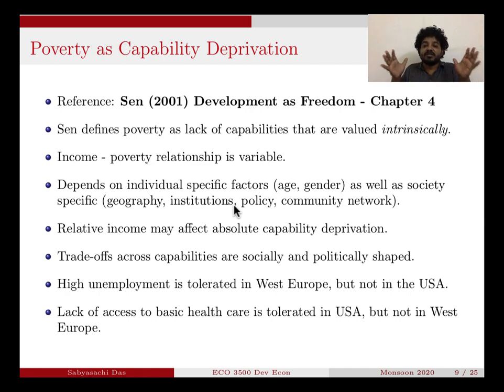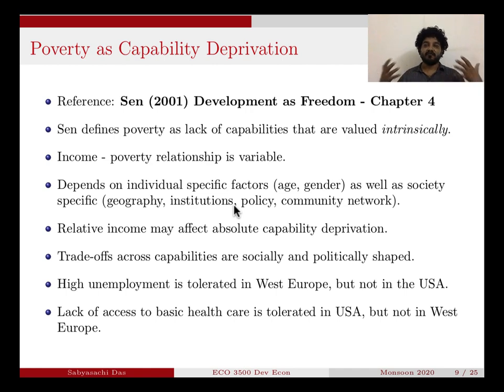Okay, so it seems that the United States as a country is fine with having a policy paralysis and a lot of people not having access to healthcare as a consequence. On the other hand, this is unimaginable in Western Europe.